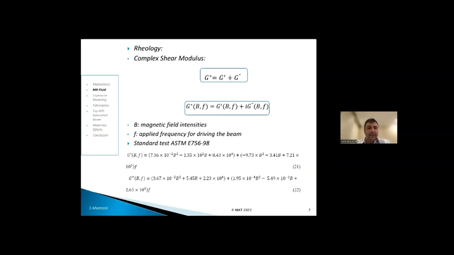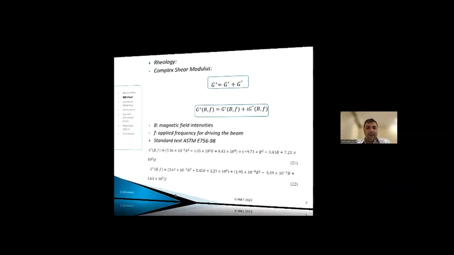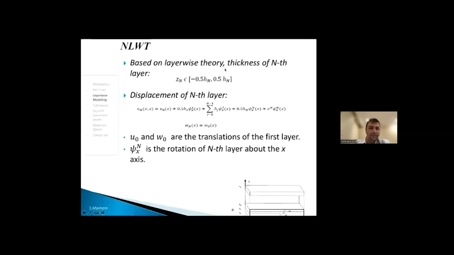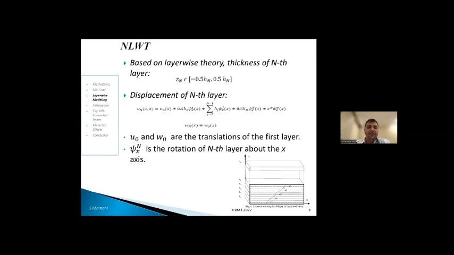In the next slide, I want to talk about the new layer, the n layer of the layer-wise theory. The thickness of the nth layer is defined from minus half of h of n up to half of h of n. This theory was published in my previous article in other journals that consist of the layer-wise theory of this model.